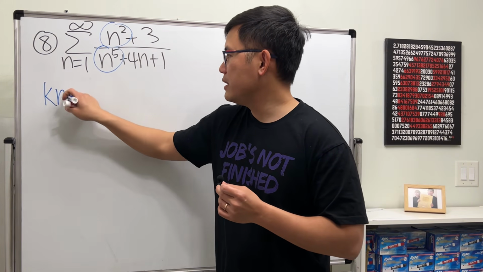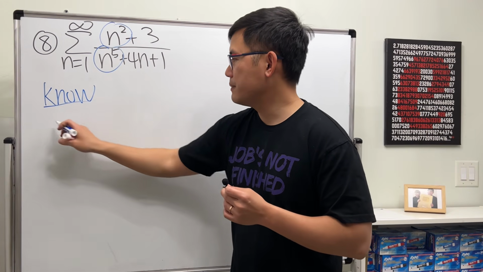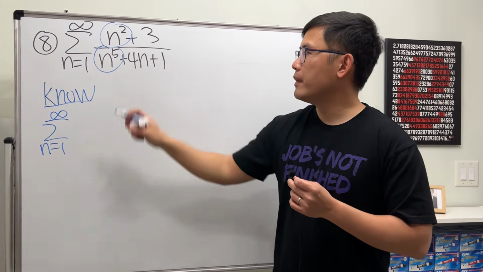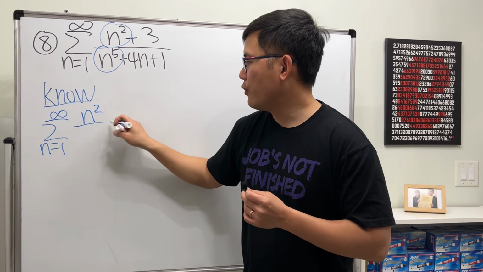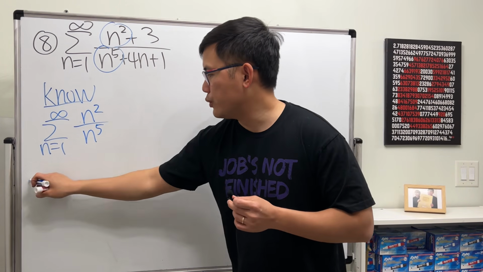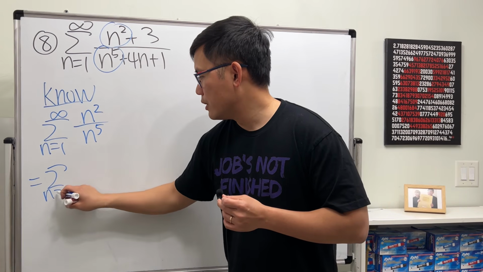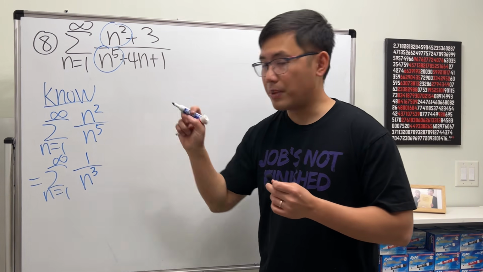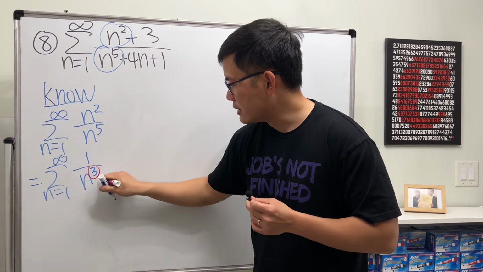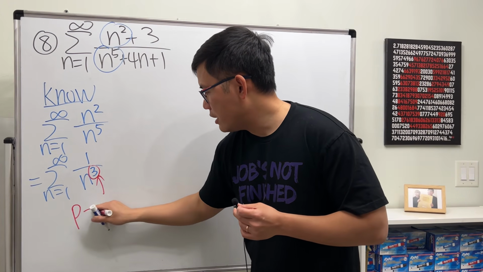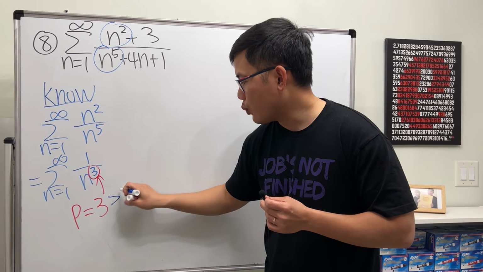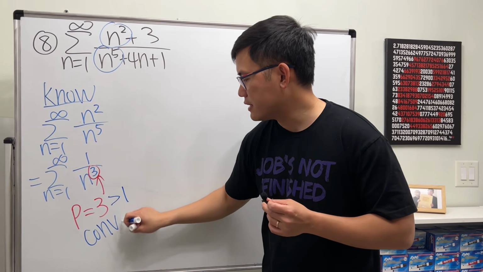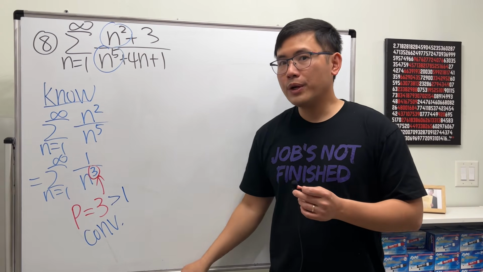This is a series that we will know much better if we look at the series as n goes from 1 to infinity, n to the second over n to the fifth, which reduces to 1 over n to the third power. And then we can see that the p here is 3, which is greater than 1. Therefore, this series converges.